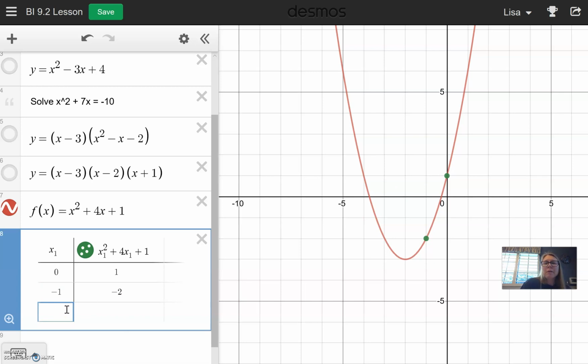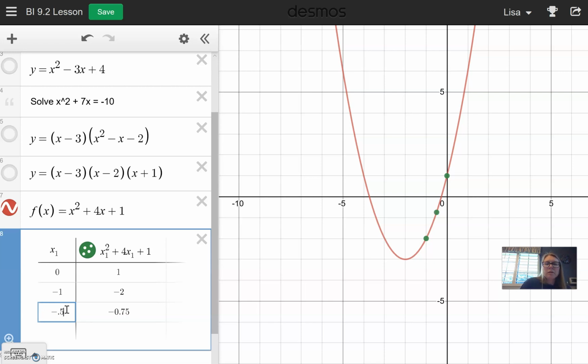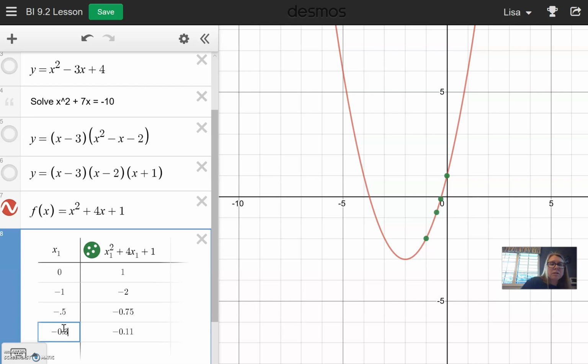So I'm going to guess, well, what about if it's -0.5? So that gives me a 0.75. It's still a little low on here. So what if I do, my x value maybe is -0.3, and oh wow, I get really close. And so you can sort of use the table to narrow that down.